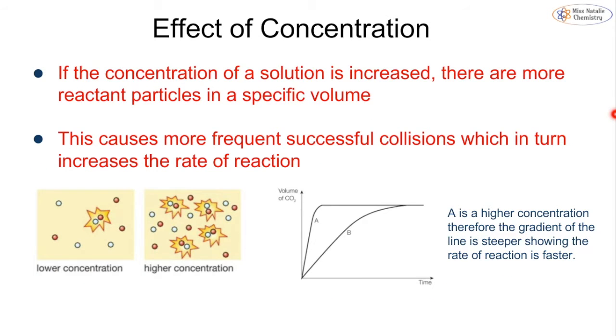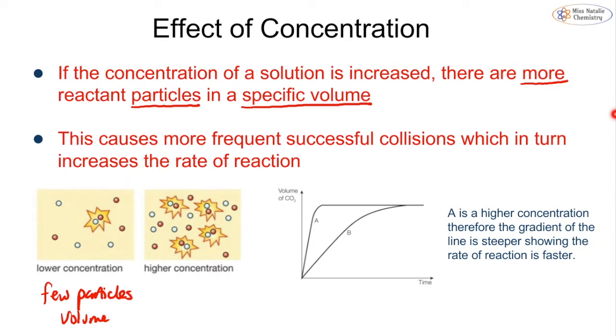If we start off with the effect of concentration, if we are increasing the concentration of a solution, what that actually means is that we have more particles in a specific volume. You can see that in the diagram on the left-hand side at the bottom. A low concentration has few particles in that particular volume.